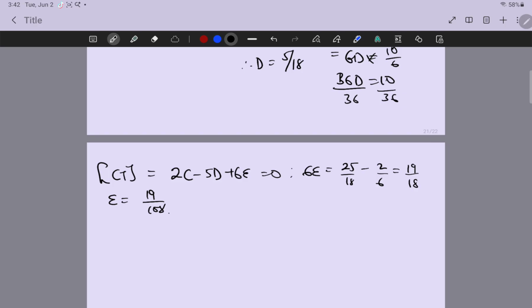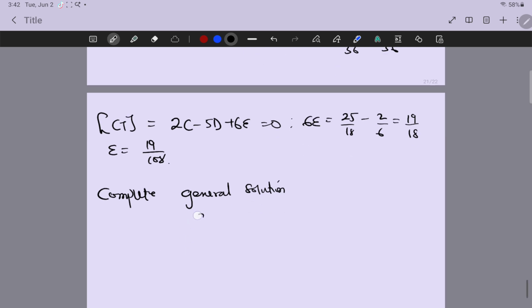So that is the particular integral. So our complete general solution is, what? We have the complementary function plus the particular integral.